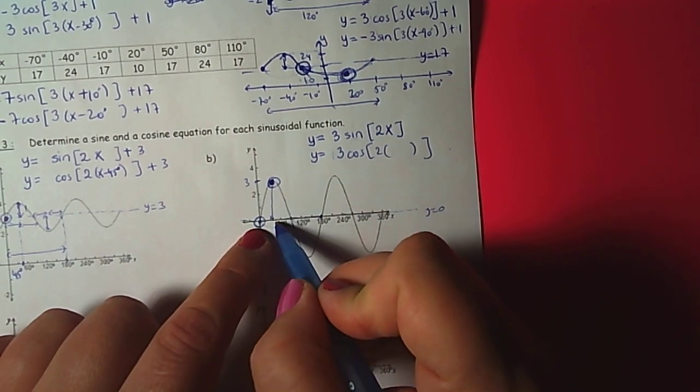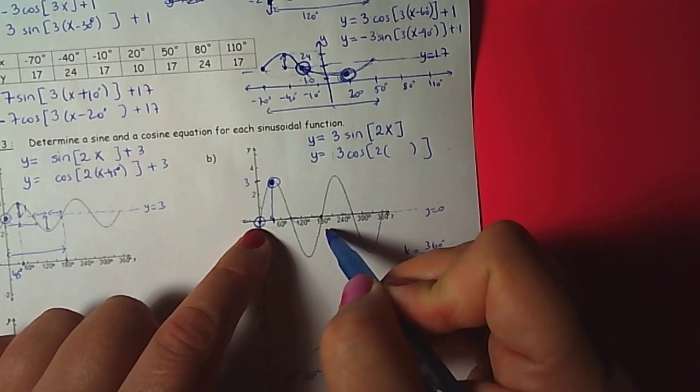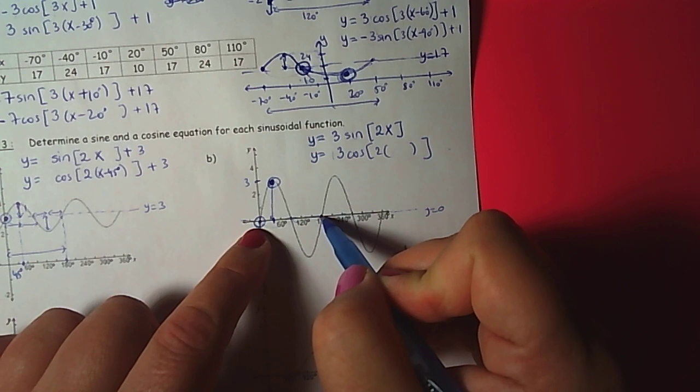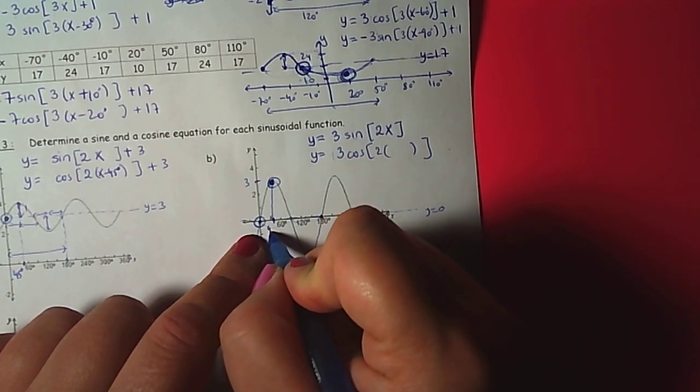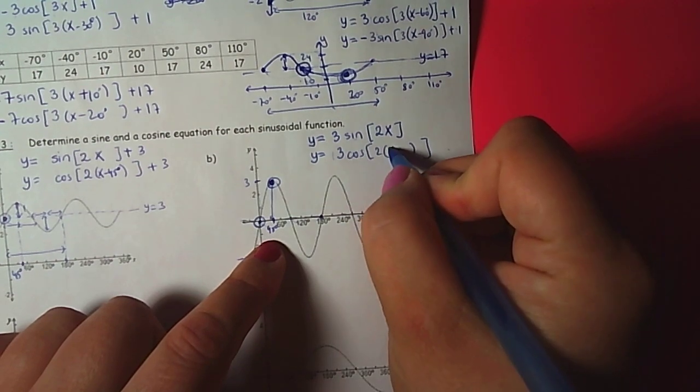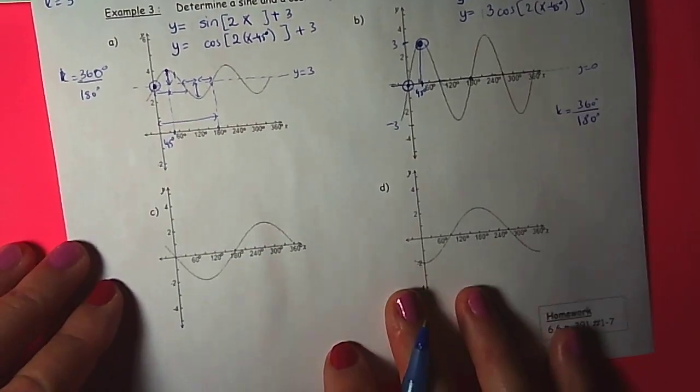Again, we don't know that point here. But again, we can calculate it. 1 period is 180. Divided by 4 gives you 45. So those key points are happening every 45 degrees. So this is 0, then 45 is here. So x minus 45 degrees. Let's look at C.